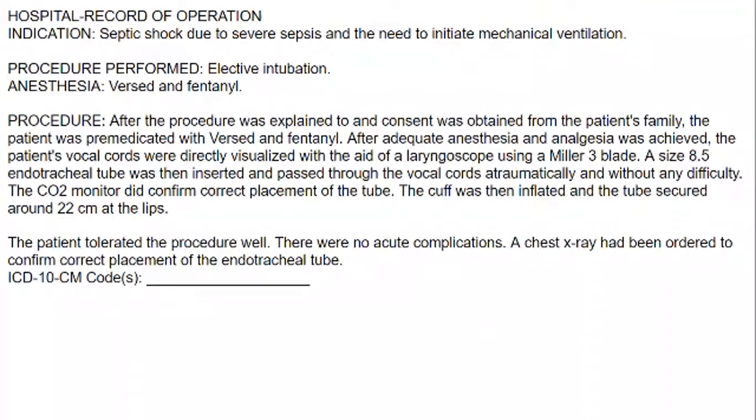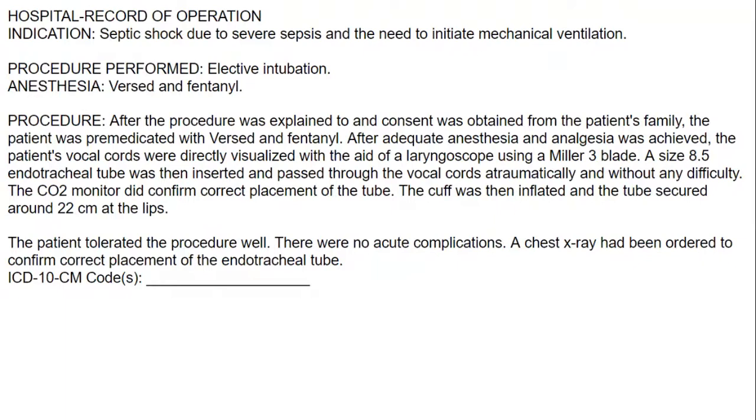We need to look at our indication: septic shock due to severe sepsis and the need to initiate mechanical ventilation. So which means there's some severe respiration issues, right? So let's just talk about, what do we need to code first? We need to code our sepsis first.